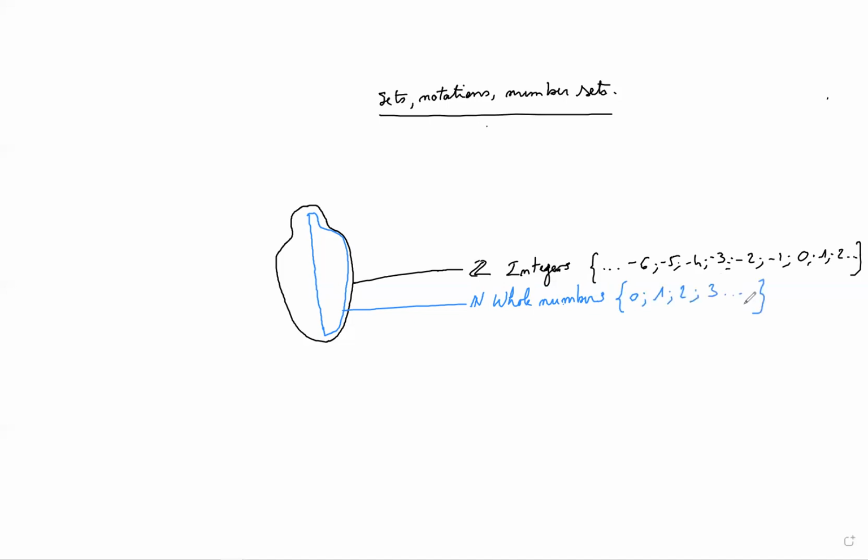And here you have 0. I did the drawing like that because it's symmetrical. If you have the positives here, you can complete with the negatives here, and then you have the whole set of the integers. If you don't want 0 in your set, you write a star.